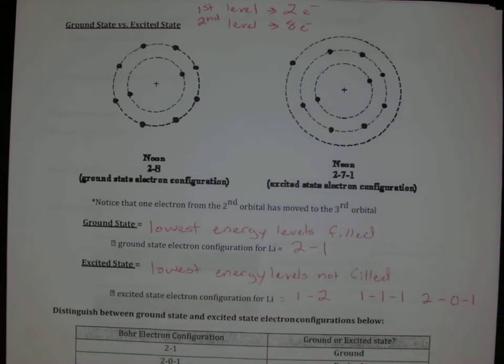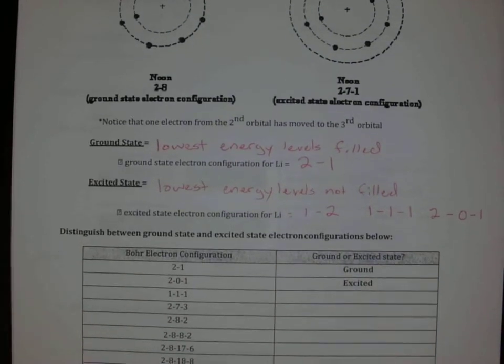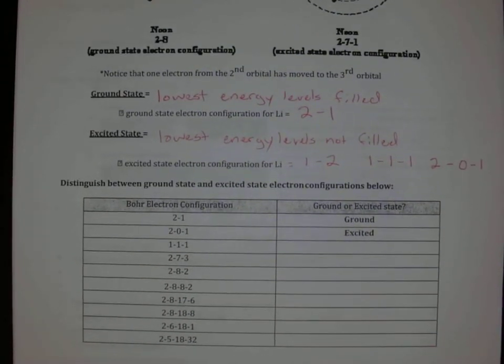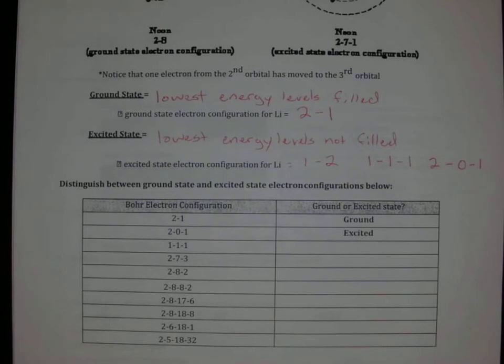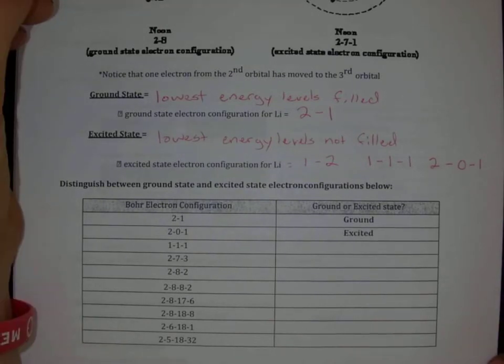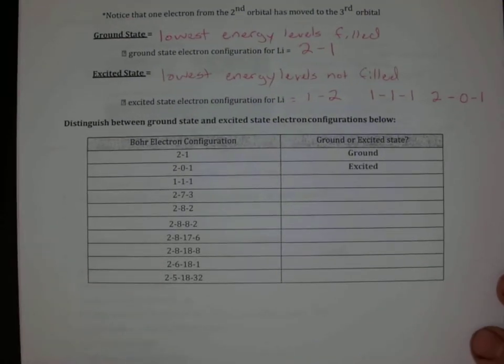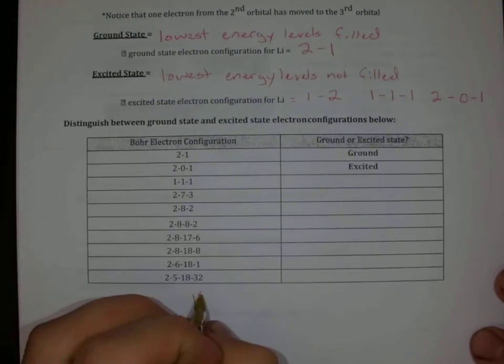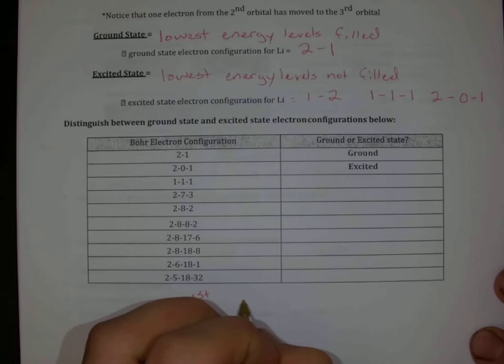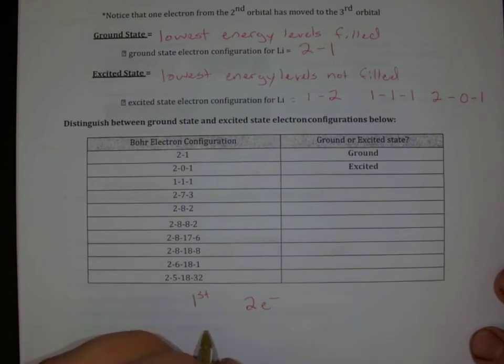Okay, so then down below we've got a bunch of practice for you. What we need to know is that the first energy level can only have 2 electrons. The second energy level can only have 8. I'll put this down at the bottom. So first, we're going to have 2 electrons. The second energy level can have 8 electrons.